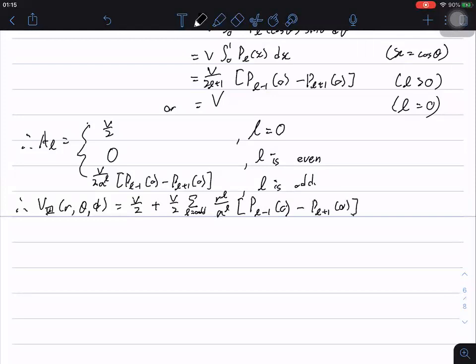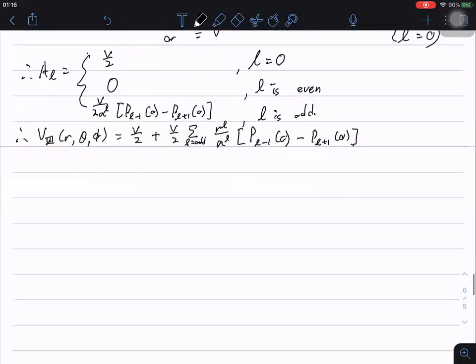Okay, so this is the solution of the potential at region 3. And for the potential at region 2, it will be a little bit more complicated than region 1 and region 3, because for region 2, we have two boundaries, both the inner sphere and outer sphere.